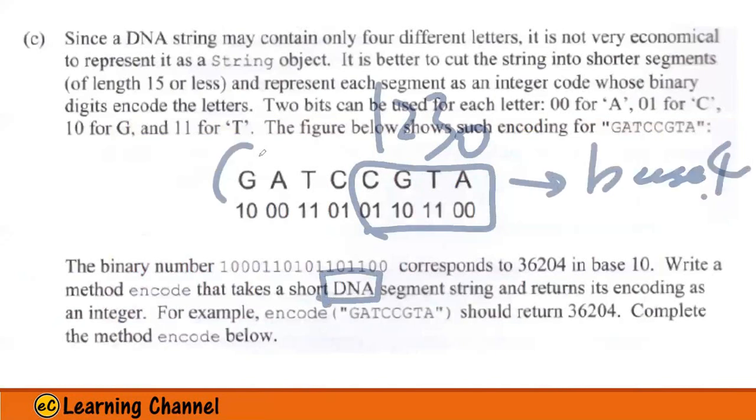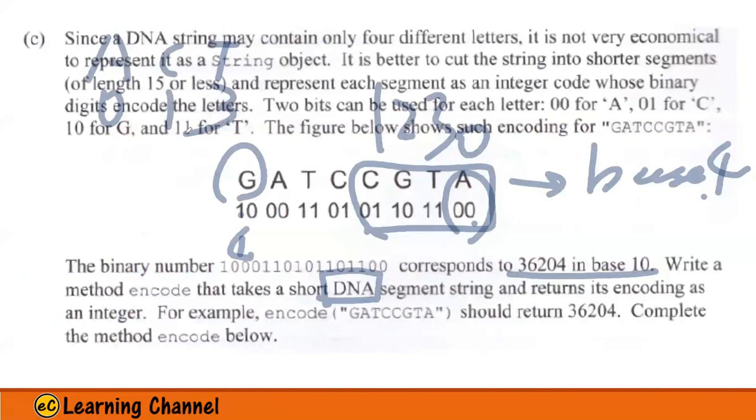So each time we get a data, we calculate its base 4 value, and then we sum it to a certain integer. For example, we have ACT, and the number is 0, and then C is 1, and T is 3.